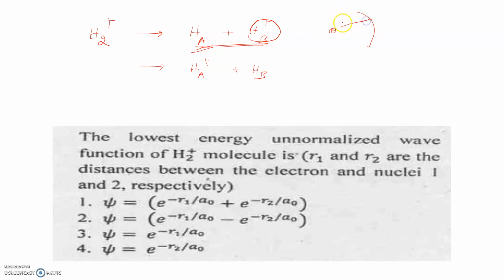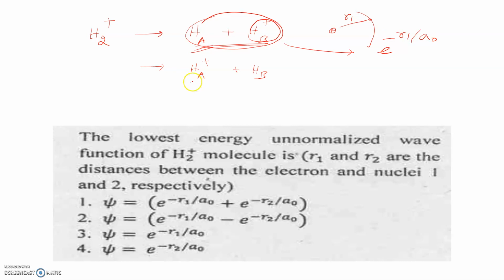Let us assume this distance as R1. Therefore, for this possible combination, we write the wave function as e power minus R1 by a naught, without considering normalization constants.